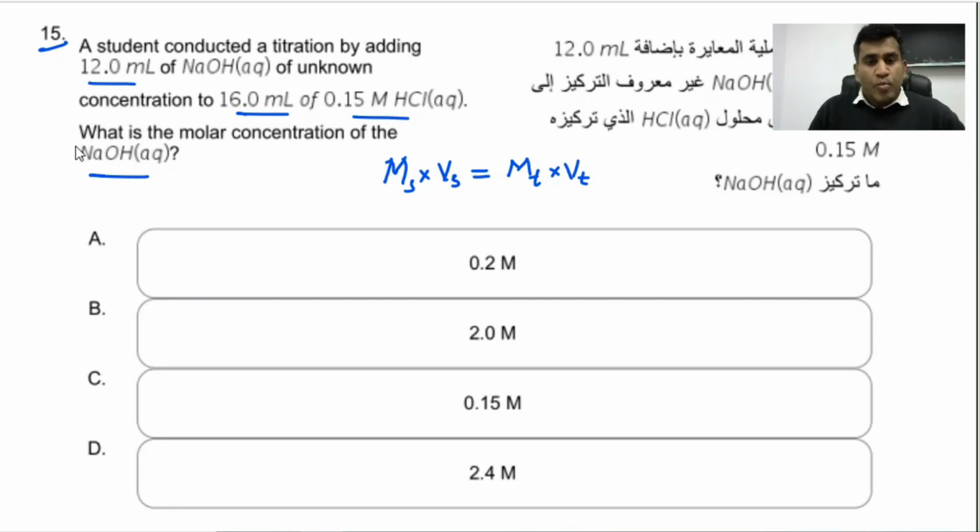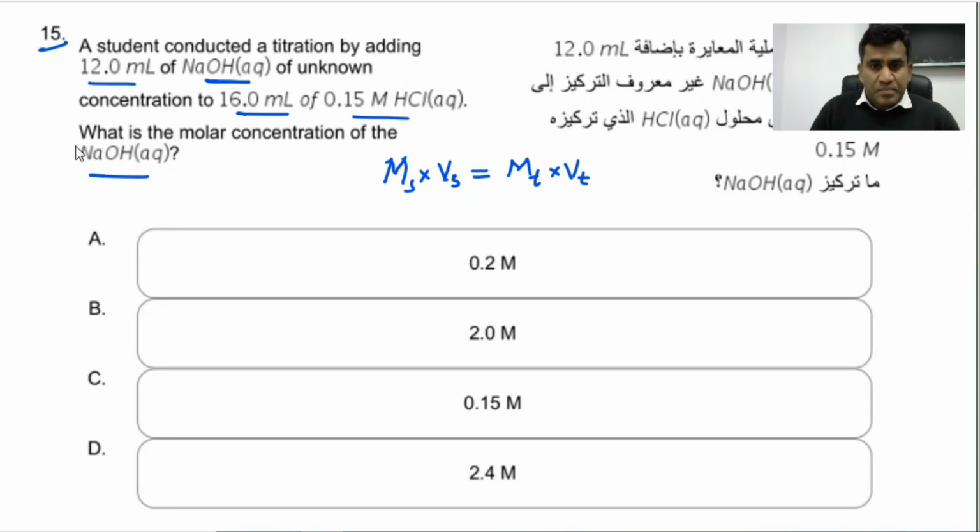Now what is the titrant here? Sodium hydroxide, and we are asked for its concentration in moles, so we have to calculate the molarity of the substance.